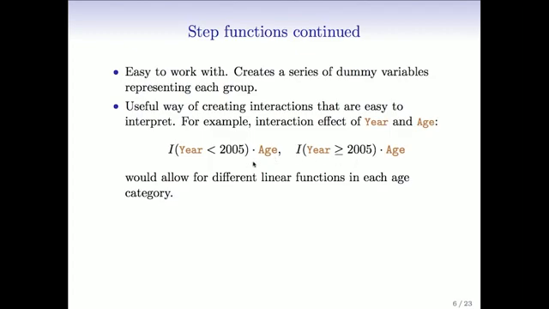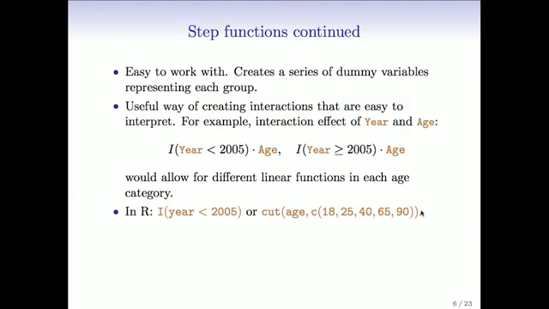And then if you multiply that with age, what you've done is create an interaction, and that'll fit a different linear model as a function of age for people who worked before 2005 and those after 2005. And so visually, that's nice. You'll see two different linear functions. It's an easy way of seeing the effect of an interaction.